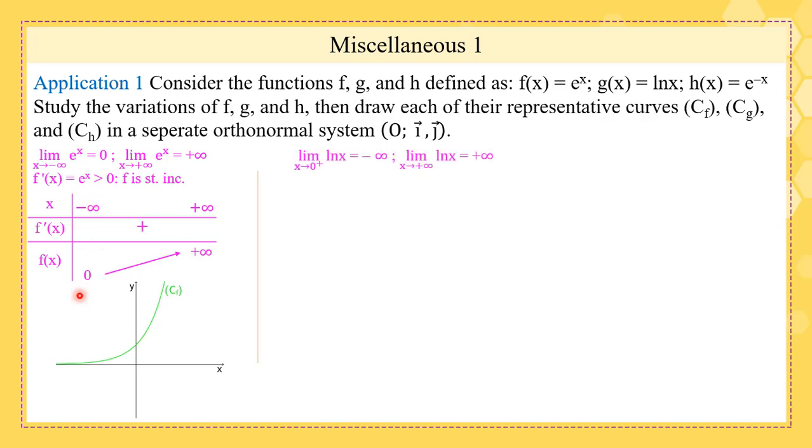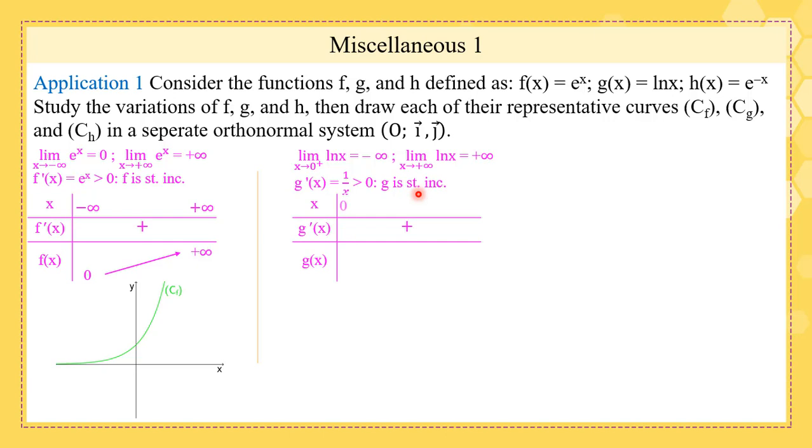Now let's continue talking about g. Well, the limit at 0 plus of ln x is negative infinity, and the limit of ln x as x tends to plus infinity is plus infinity. This also was memorized by heart. Well, g prime of x is 1 over x, and 1 over x is strictly positive here because x is always positive. It's strictly greater than 0, so g is strictly increasing.